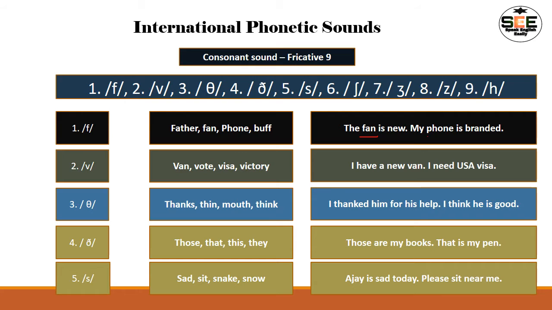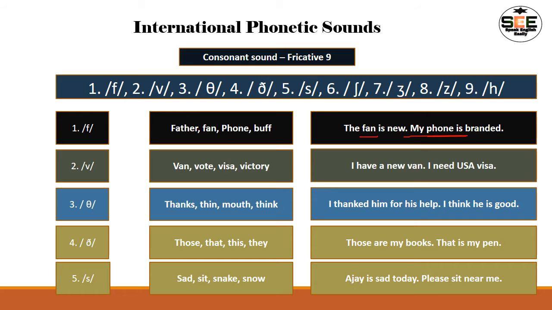Here this phone word is producing the f sound. So I hope you understood this. So let's come to this second fricative sound. It is symbolized as small v, and it produces the sound in this way, with a little bit of vibration.